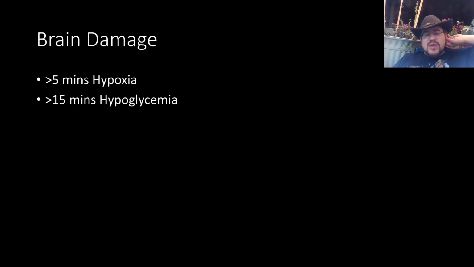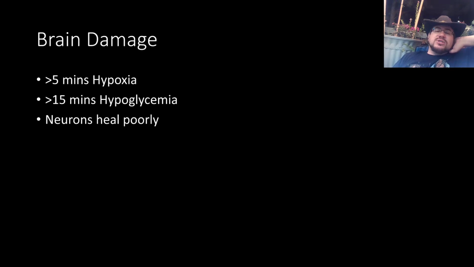But if you go more than 5 minutes without oxygen, neurons start to die. And if you go more than 15 minutes with hypoglycemia, where you have a critically low level of glucose, neurons start to die. Neurons can only make ATP using glucose. So when you're hypoglycemic, that's some serious shit. You gotta get some sugar in your body.